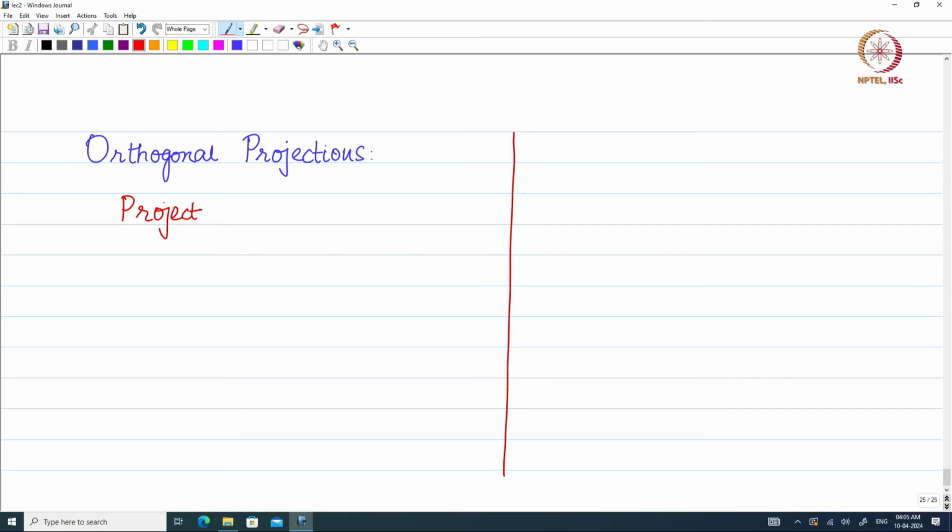Projection of a vector u in the direction of v, what does it do?